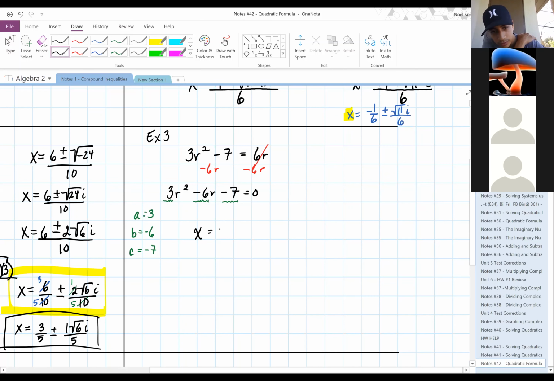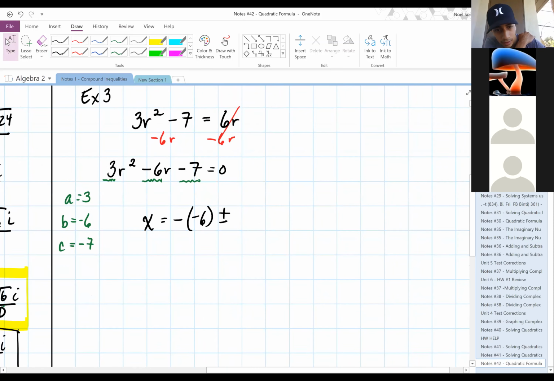X will equal negative, in this case, my B, right? You see B is a negative. So again, parentheses, negative 6 plus or minus the square root of B squared. Because B is negative, make sure you use your parentheses.